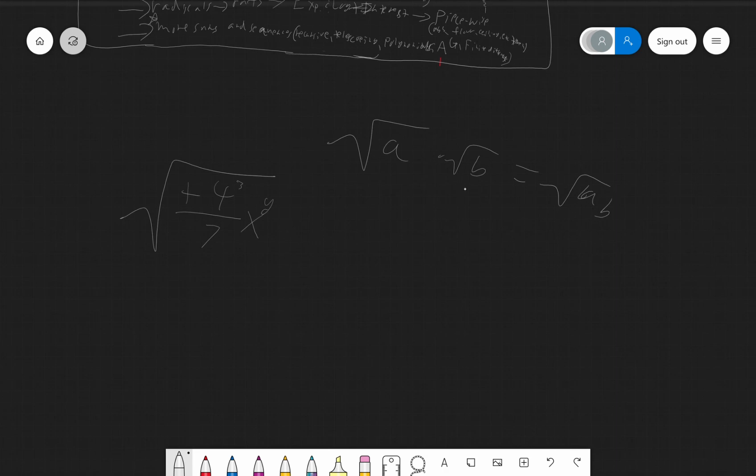So let's say b is 4/3 over 7 x to the y. Then if we want the square root of -4/3 over 7 x to the y, then we're multiplying by -1. So a is -1. So that is the square root of -1.